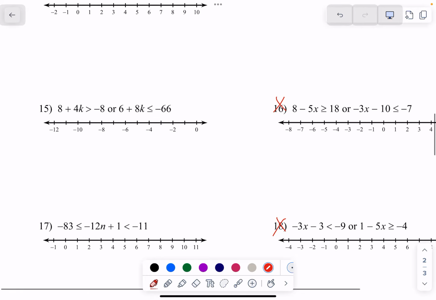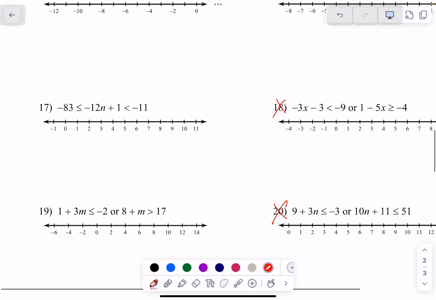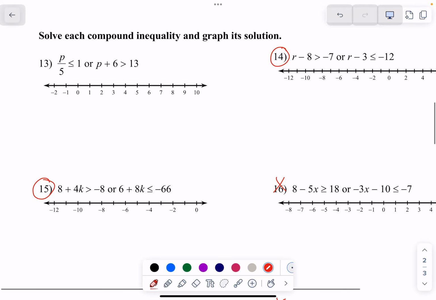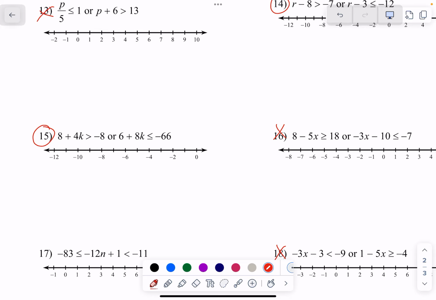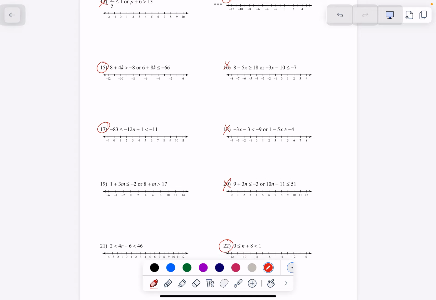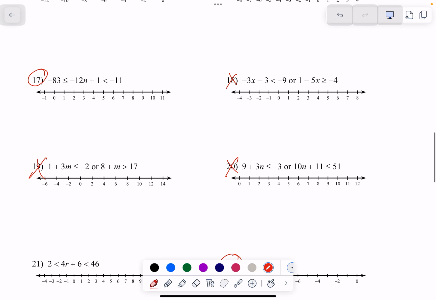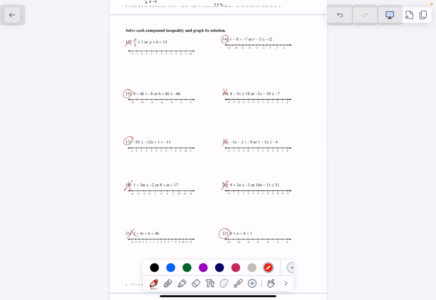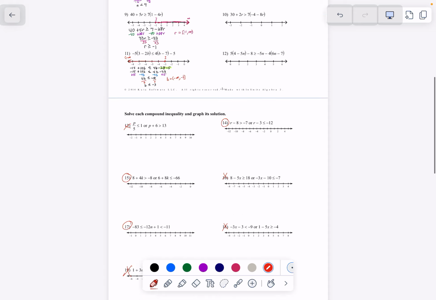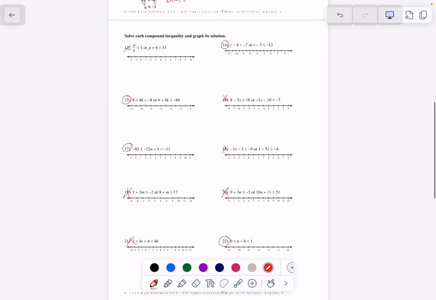So you're only going to do 16 and 22. I am going to do with you 15. And I'm going to do with you, since it's right under it, 17. So on the last page, you're only responsible, because we'll do 15 and 17 together, you're only responsible for 14 and 22. Okay? So we're going to do the odd ones. So we're going to do the 15 and 17 right now. You're going to do 14 and 22 on your own.